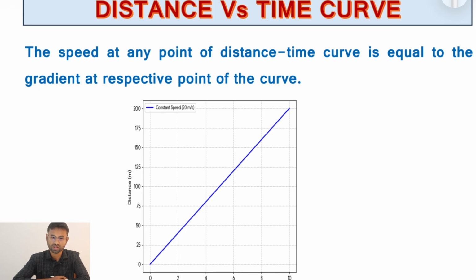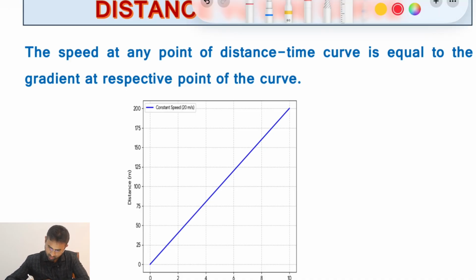Now we can determine the speed or velocity from the distance versus time curve. The speed at any point of the distance versus time curve is exactly equal to the slope or the gradient at the corresponding point.